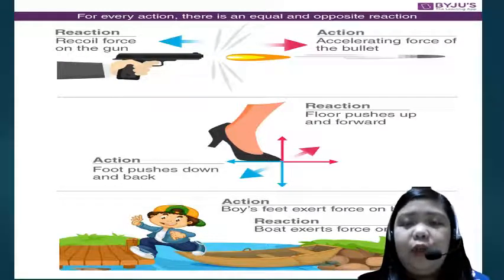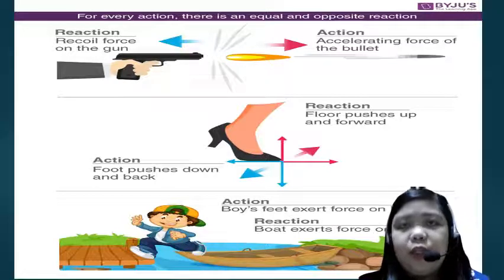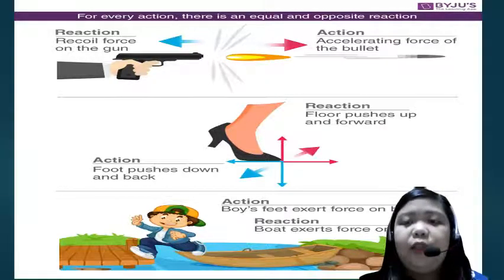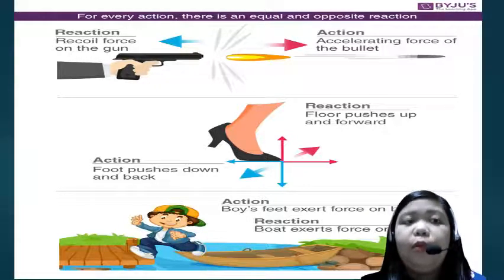On the second illustration, the action is that as we walk, our foot pushes down and back. So as we push our foot down and back, the floor pushes up and forward, which gives us the ability to move, or which makes walking possible.